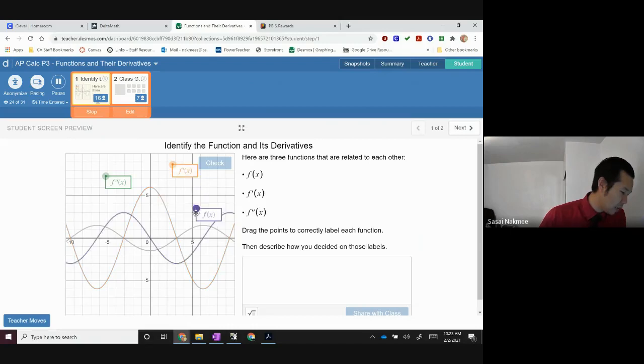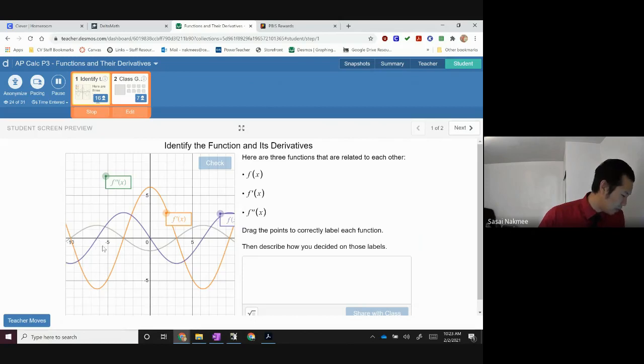The other one we're going to try then is this one right here. If this one's the function, which one would be the derivative? Again, look at the critical points, and there are matching critical points here. It could be this one or this one. Both of those critical points look good, don't they? Because they happen to have a 0 here at that critical point, a 0 here at that critical point, and a 0 here at this critical point.